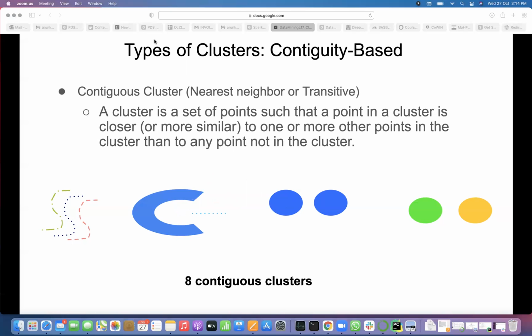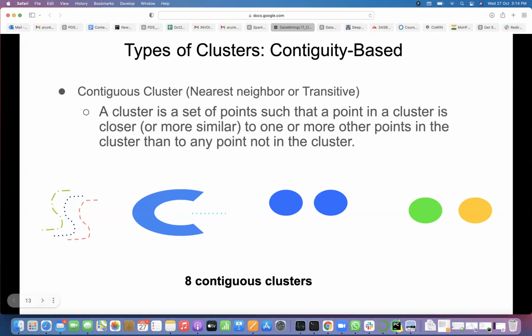So here the shapes have also changed, right? In contiguous clusters, we don't know what shape they will take. Here, if you see, 3 clusters are there, S type. Their shapes have become S types, right? How many clusters are there? 3. Their shapes are not circles.